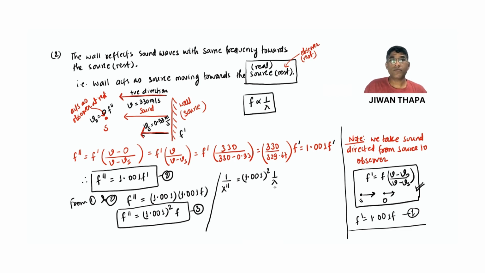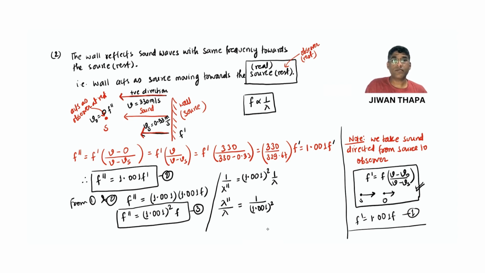Therefore, lambda double dash divided by lambda equals, simplifying, 1 divided by 1.001 whole power 2.